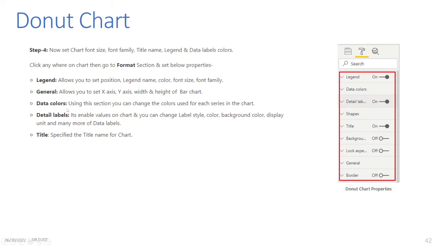Data colors, using this section, you can change the colors used for each series in the chart. Detail labels enables values on the chart, and you can change label style, color, background color, display unit, and many more data label options. Title, specify the title name for the chart. So this is more or less the appearance of the properties.